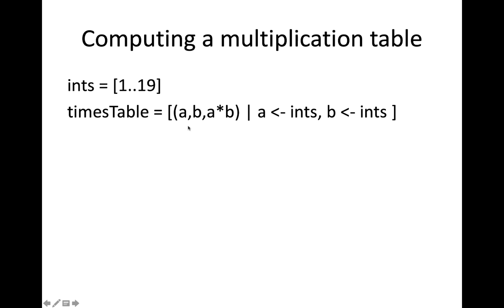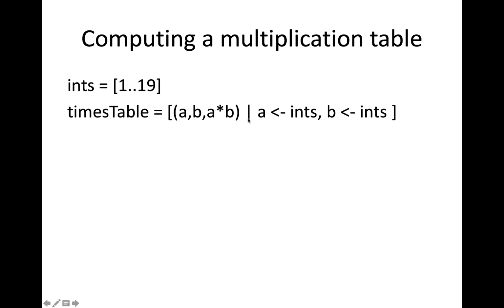So how it works, we are using the list comprehension technique as we discussed in lecture 1. In particular, a is one of these items. Similarly, b is also one of these items.